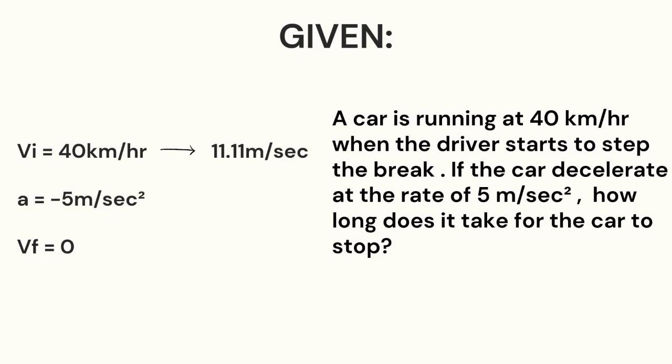By analyzing the situation, what do you think are the givens that we will be using? We have initial velocity, which is 40 km per hour, that will be 11.11 meters per second. Acceleration is negative 5 meters per second squared, and final velocity is equal to 0.